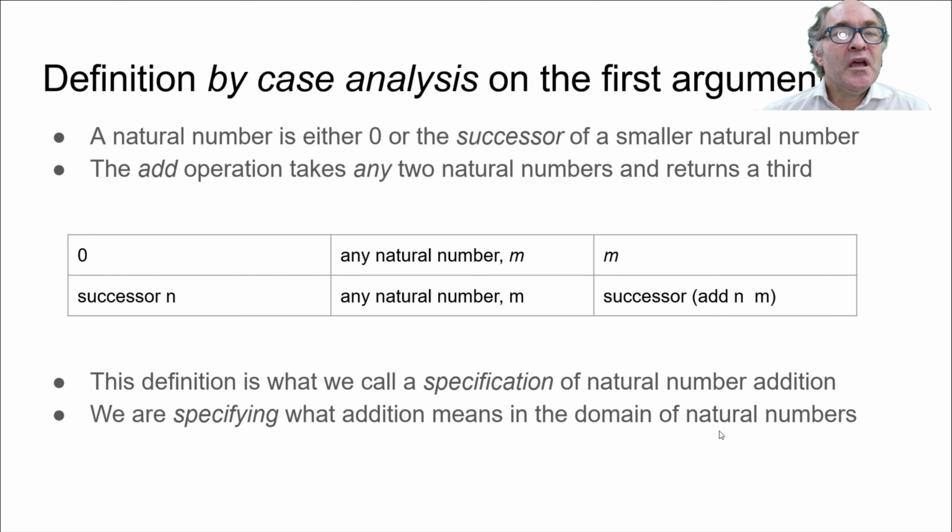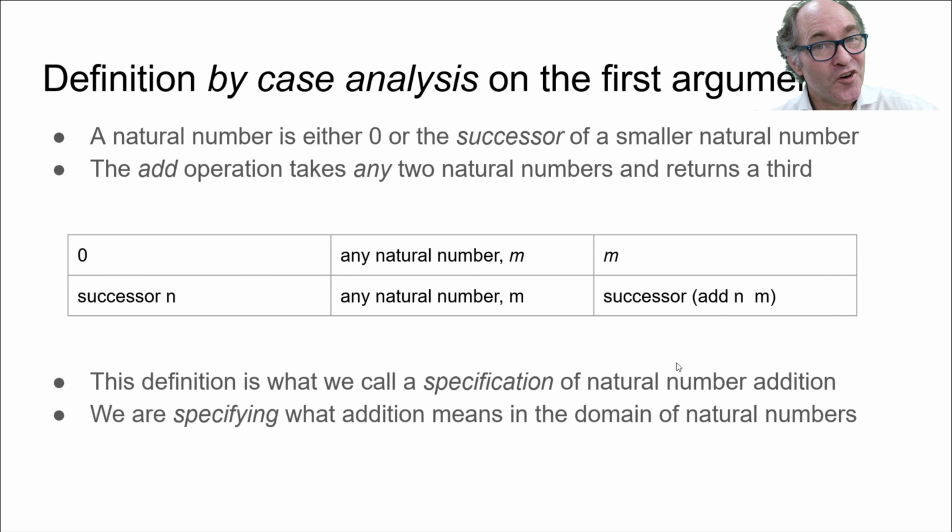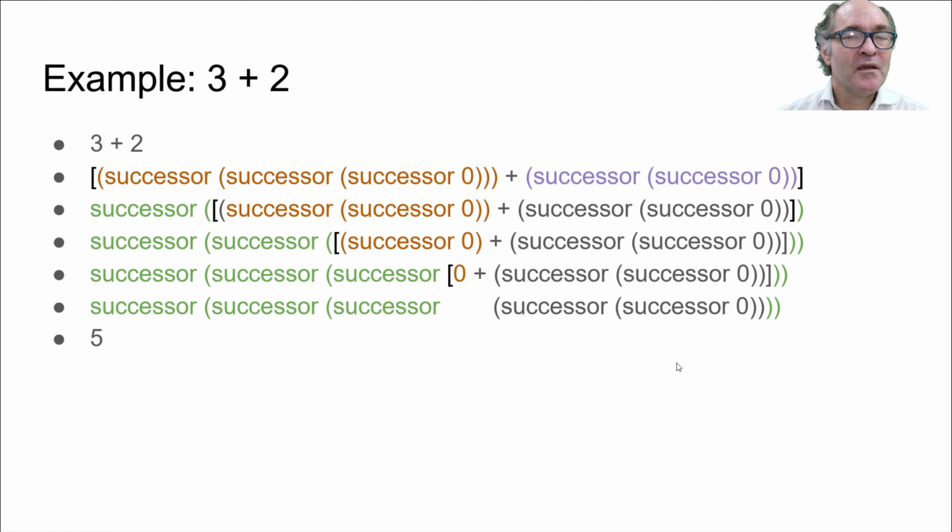So here we have written a mathematical specification of natural number addition. What we're specifying is what addition actually means in the domain of natural numbers. This whole conversation for the last slide or two has been about the domain on the right-hand side of our chart, the natural numbers.